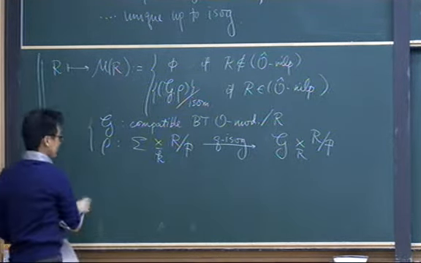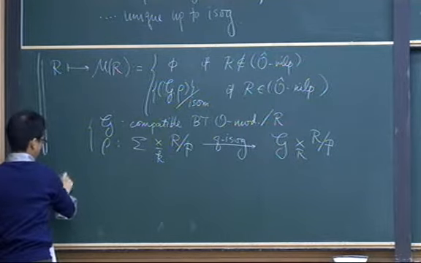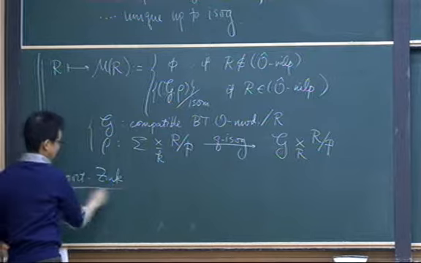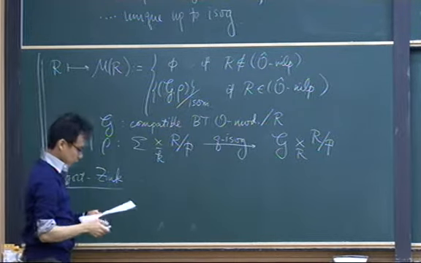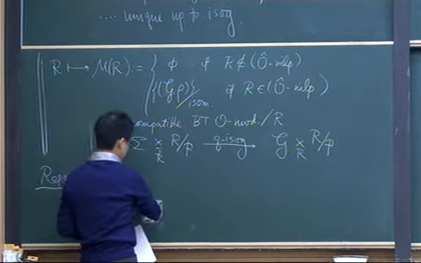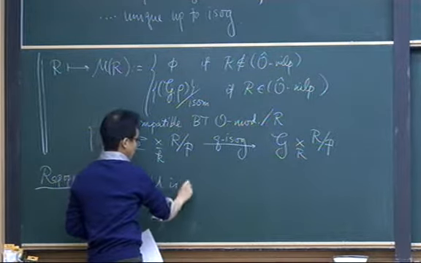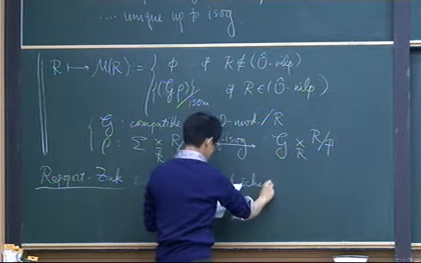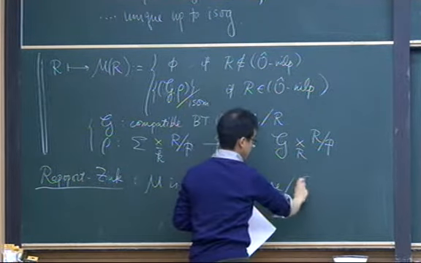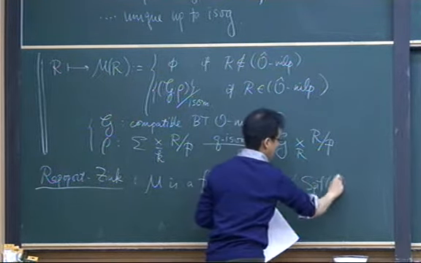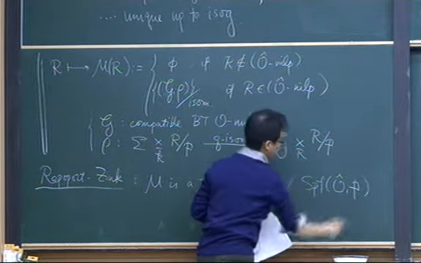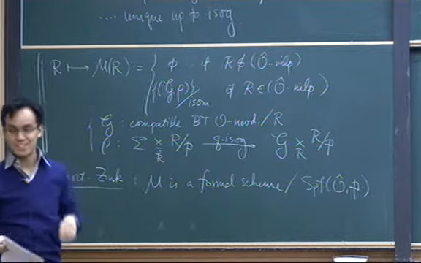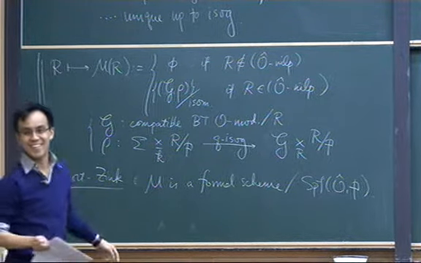Okay. What Rapoport-Zink proved is that M is a formal scheme over Spf O hat. Disaster is that I left this book in England.